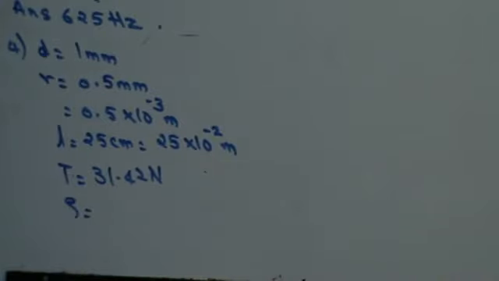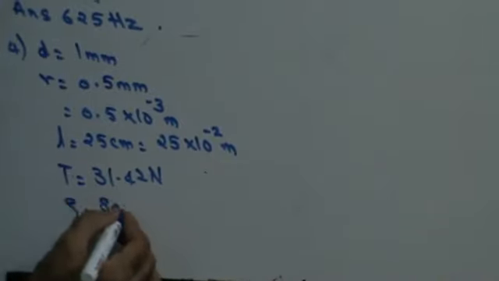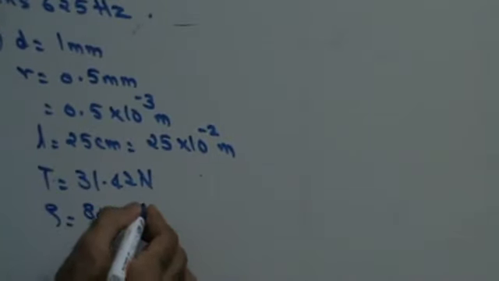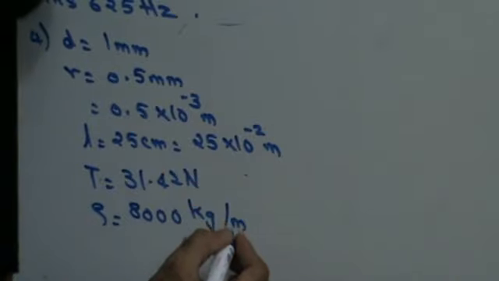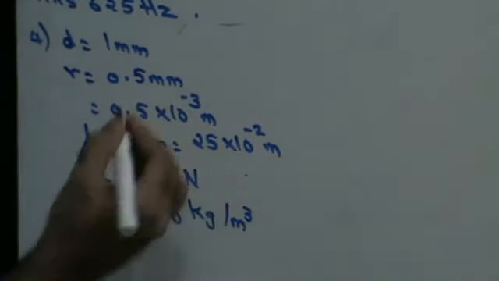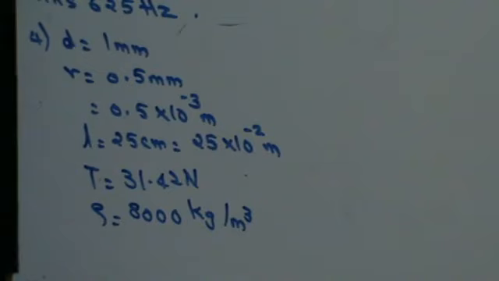If the density of steel is 8000 kg per meter cube, find the linear density of the wire.